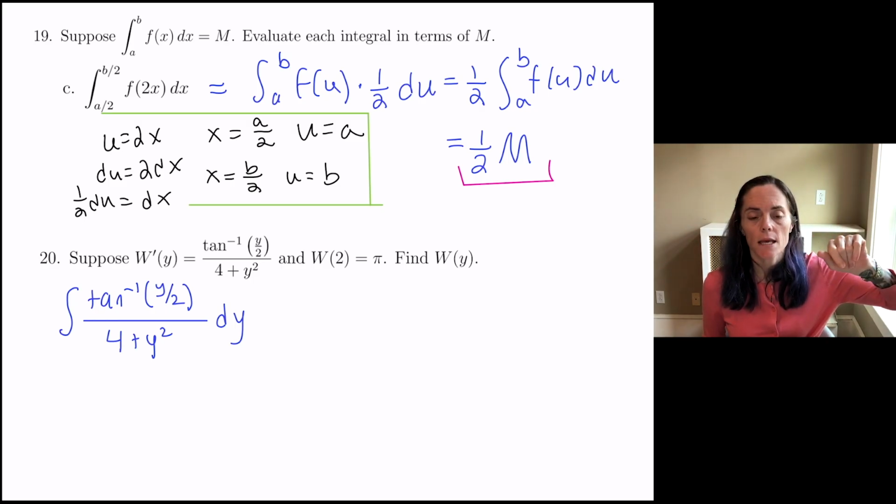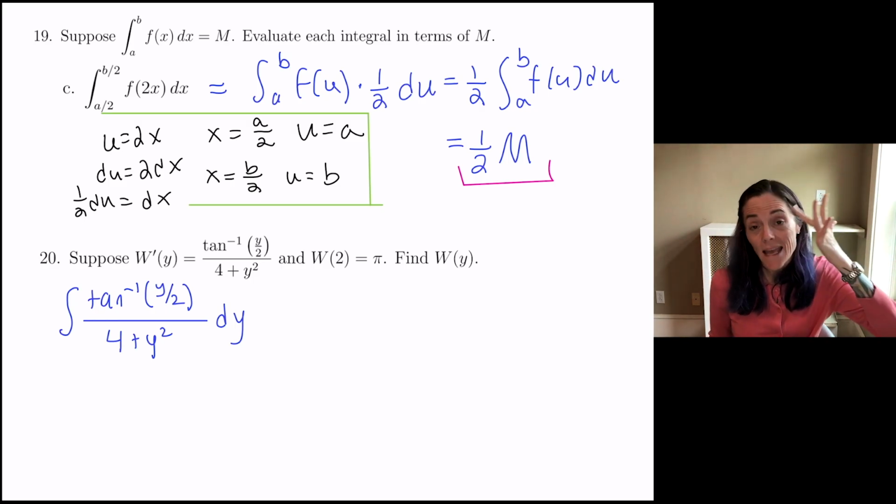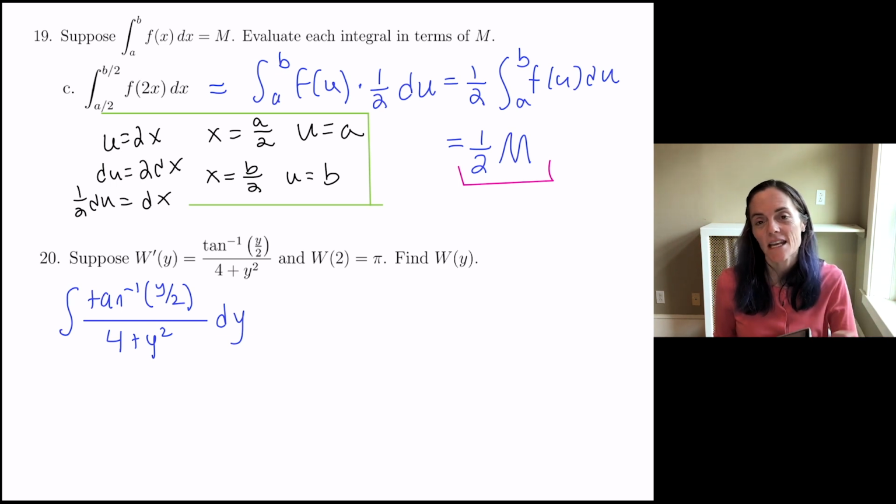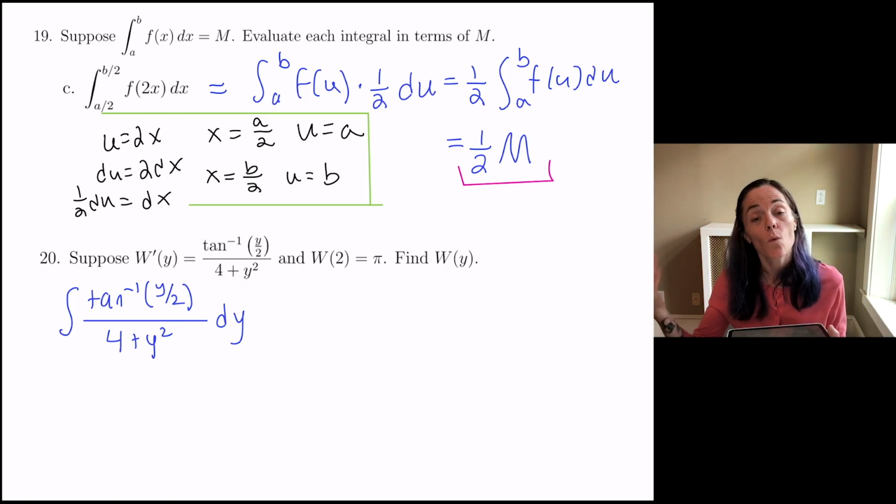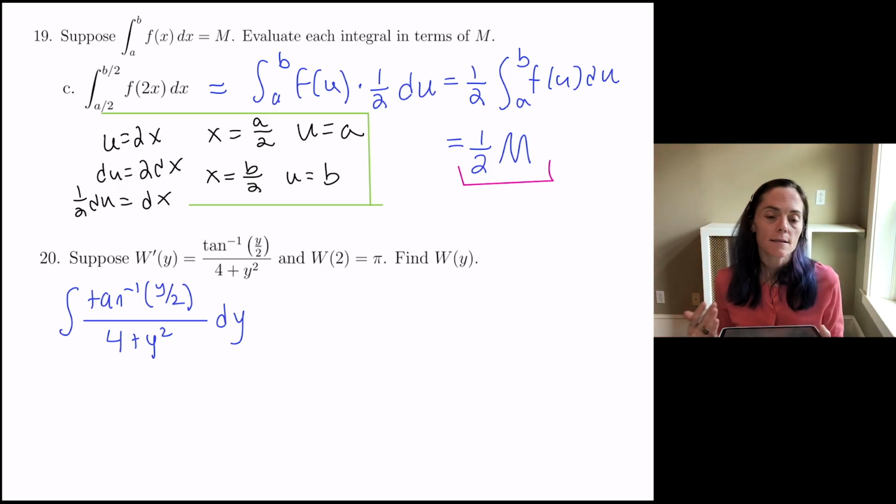I also see 1 over 4 plus y squared. In my mind, when I think of the tan inverse of x, I think of its derivative being 1 over 1 plus x squared. So this suggests substitution where we use tan inverse of y over 2 as our u.